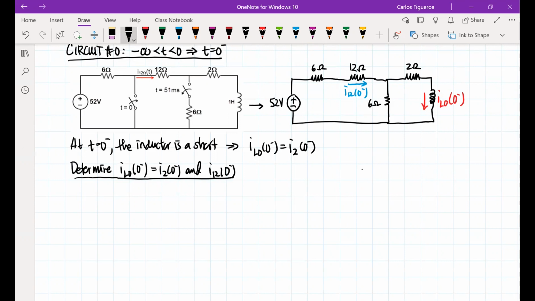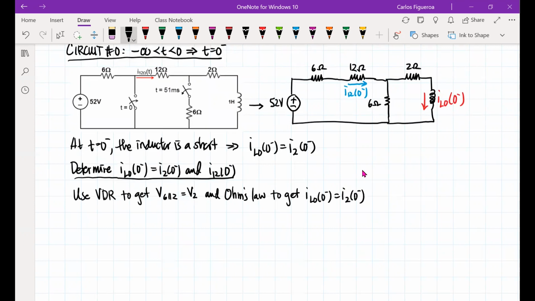So I'm going to use VDR to get V of 6 parallel to 2, but note that this is exactly the same as the 2 ohm resistor voltage, and Ohm's law to get IL of 0 minus, which is the same as I2 of 0 minus.